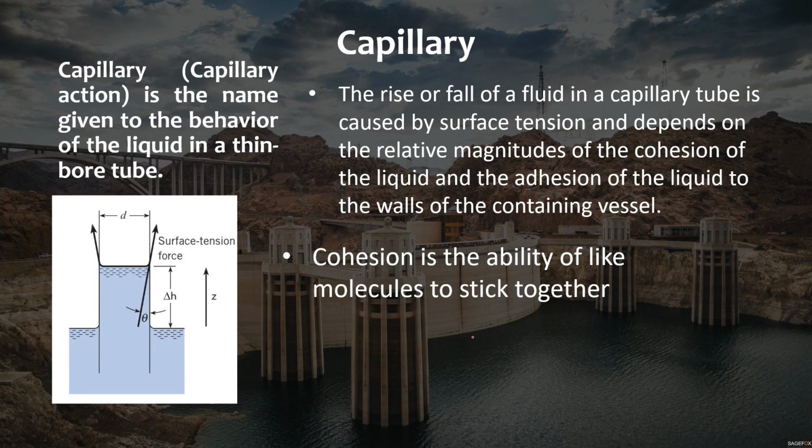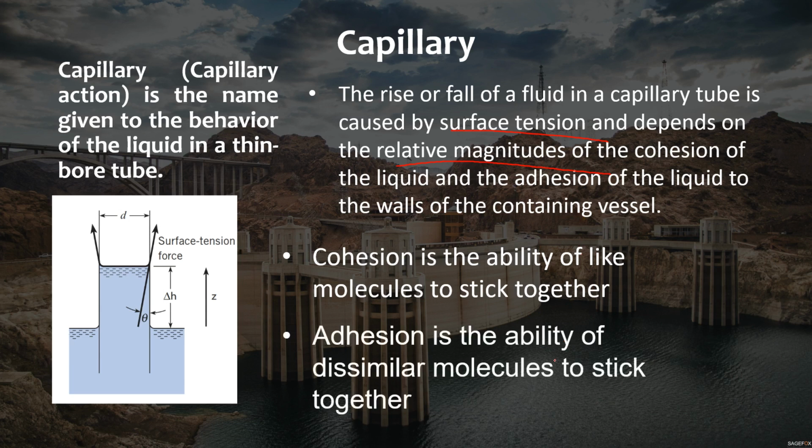The rise or fall of a fluid in a capillary tube is caused by surface tension, and it depends on the relative magnitudes of the cohesion of the liquid and the adhesion of the liquid to the walls of the containing vessel. Cohesion is the ability of like molecules to stick together, while adhesion is the ability of dissimilar molecules to stick together.